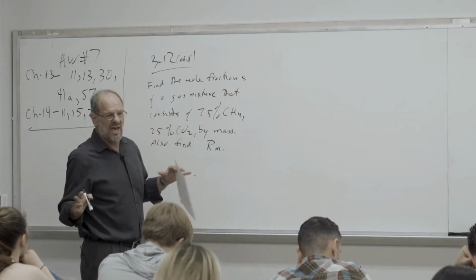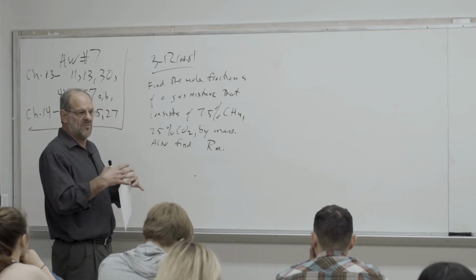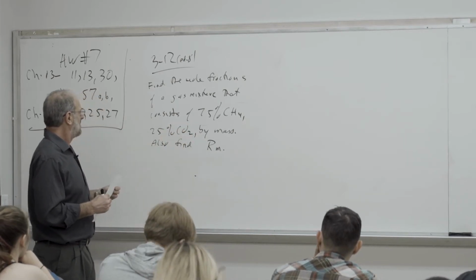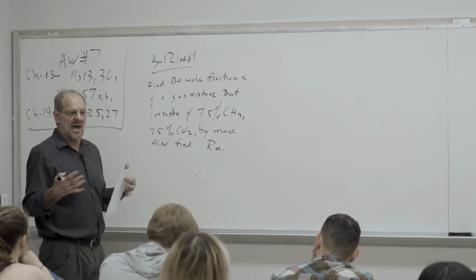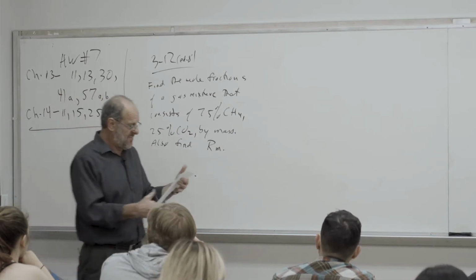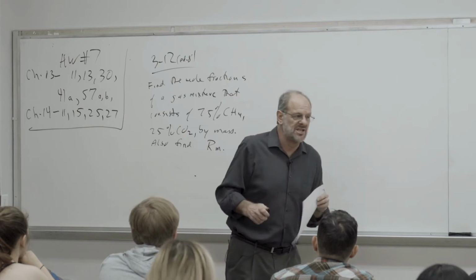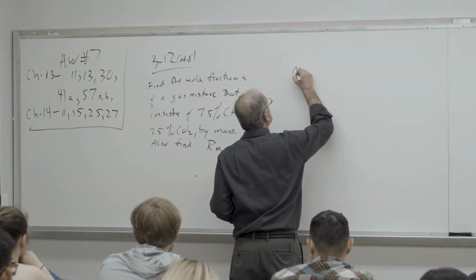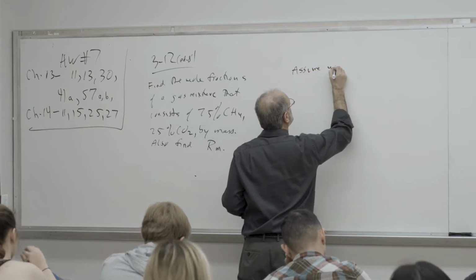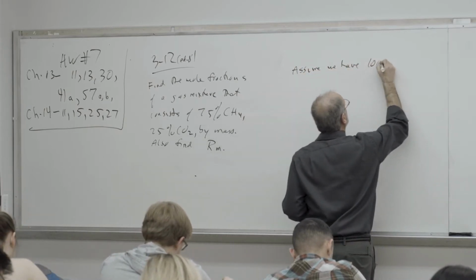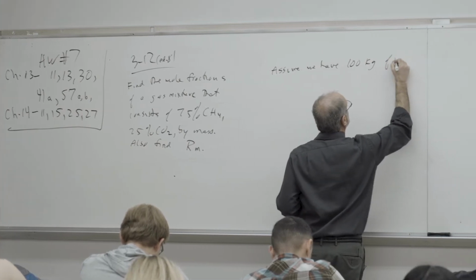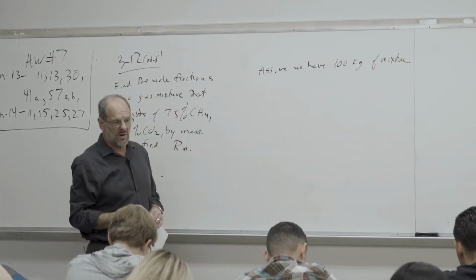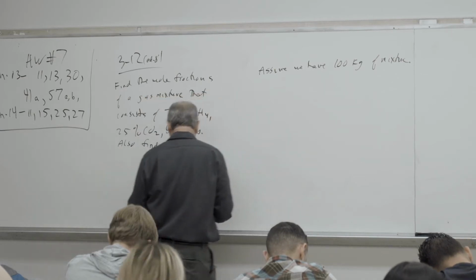We just assume that we have 100 of whatever the percentages are that we're given. So for instance, we're given mass fractions here. Let's just assume that we have 100 units of mass, whether it's kilograms or pounds, it doesn't matter. Let's just use kilograms here. So let's assume we have 100 kilograms of mixture. This is how we're going to begin this problem, just by making this particular assumption.